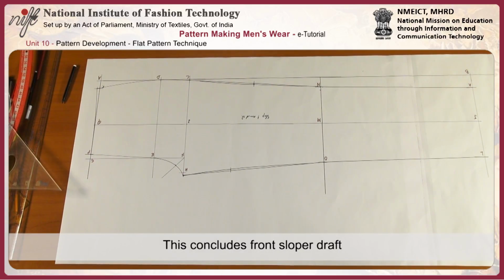With this, the front leg sloper concludes. Let us now recap the sequences.